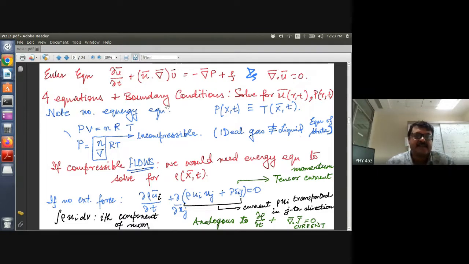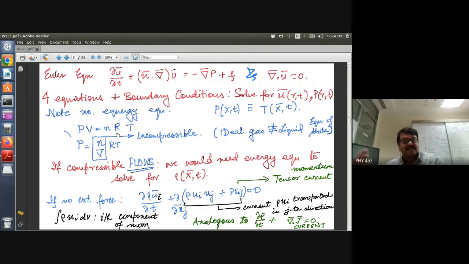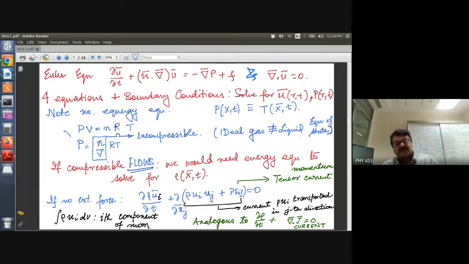And as I discussed, you don't need the energy equation, because if it's an incompressible flow, if the density doesn't change in the course of the flow, the velocity changes but the density doesn't. Then for ideal gases, you could use PV equal to nRT, and for non-ideal gases, you would have more complicated equations like the van der Waals equation.